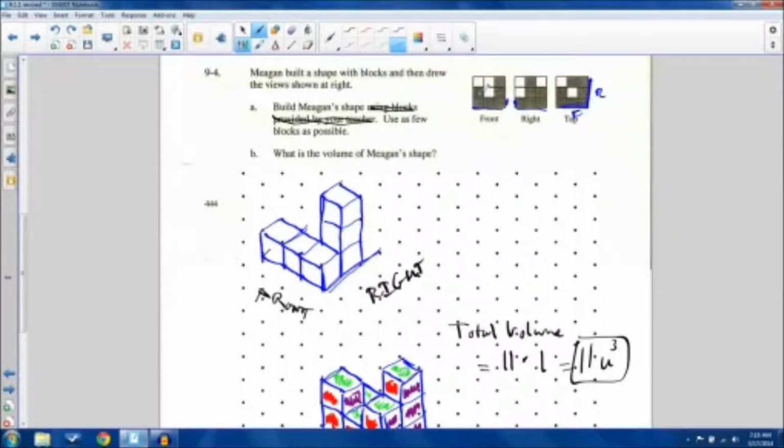Now the front also shows that it goes up as high as 2 stories. Now in the first row, the front only goes up 1 story. That's what the right revealed. And then when I go back 1, it shows it goes up 3 stories. In the top, it shows I have 1 block here, no blocks here. I have 1 block here, nothing here.